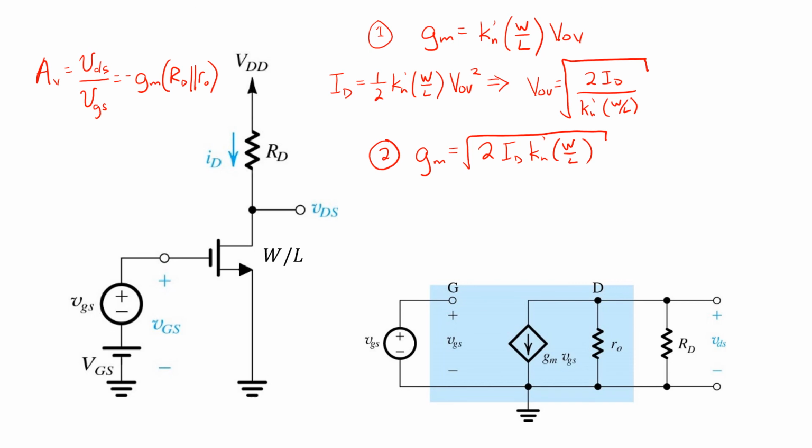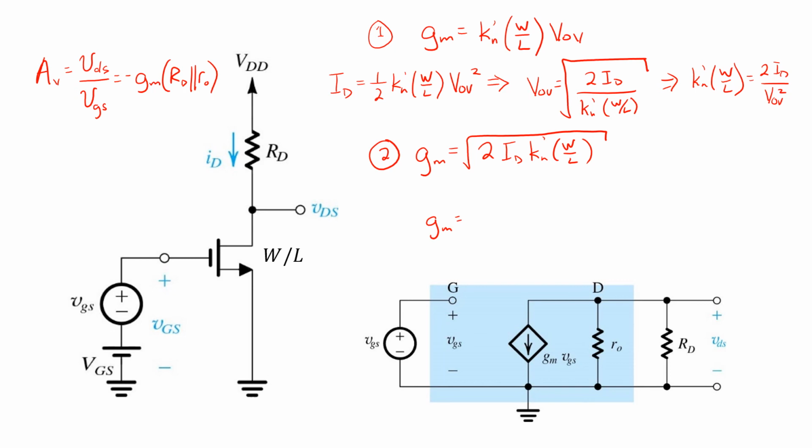We can further manipulate this expression up here to show that Kn prime W over L equals 2ID over VOV squared. Now, substituting that into equation 1 gives a third expression for GM.